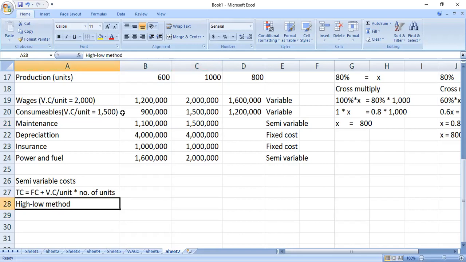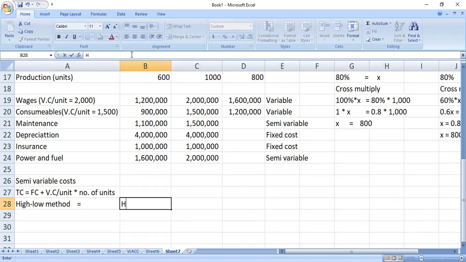Okay, if you make the formula the way it's supposed to be, the formula is such that you have high cost minus low cost, divided by, it's not really high activity minus low activity.